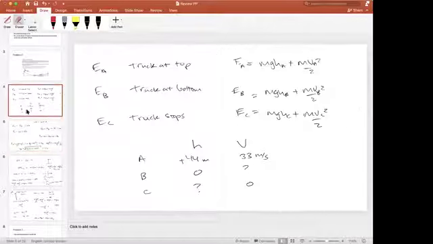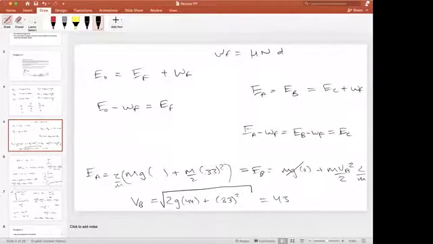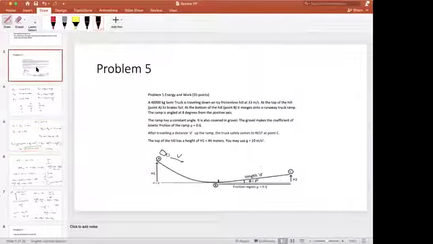Sorry about that, you guys. I hate numbers. So 2 times 44 is 88, 88 times 10 is 880, and the square root of 880 plus 33 times 33 is 44.37. So 44.4 meters per second is our velocity when it gets to the bottom of the hill.